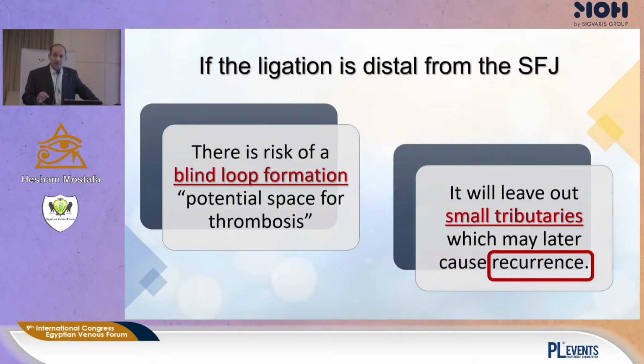The word recurrence is the key in management of varicose veins. We all know that we have 20 up to 60% recurrence in the first 5 years, and it may increase on prolonged follow-up.